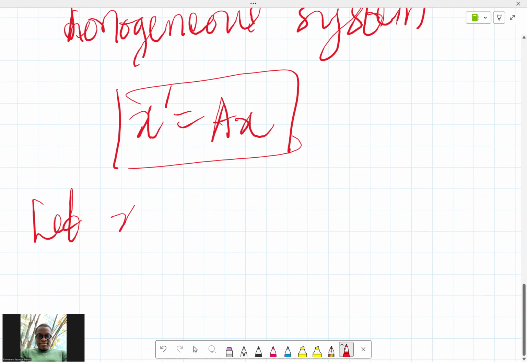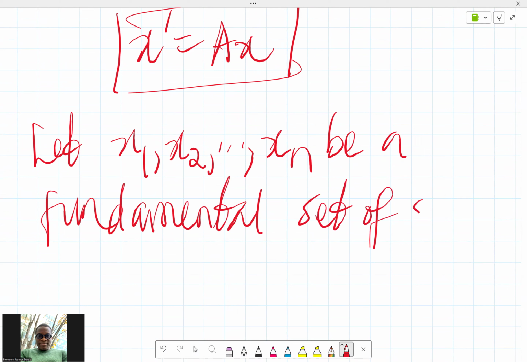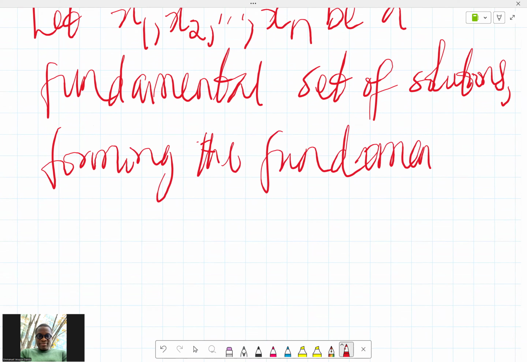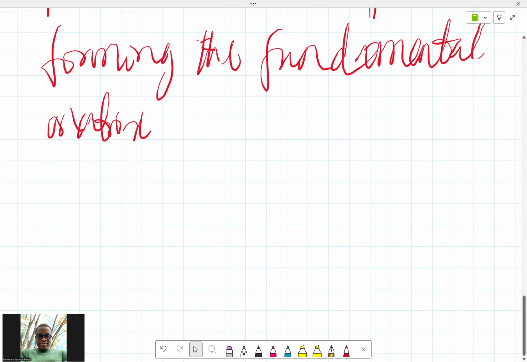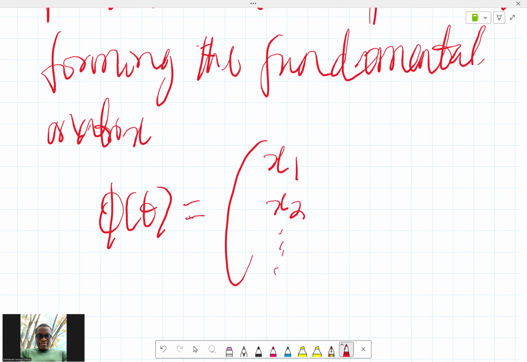So let x1, x2, up to xn be a fundamental set of solutions, forming the fundamental matrix phi of t, which is equal to x1, x2, all the way down to xn.